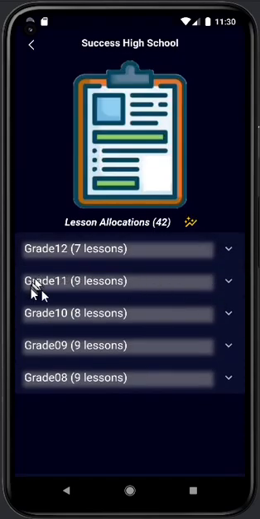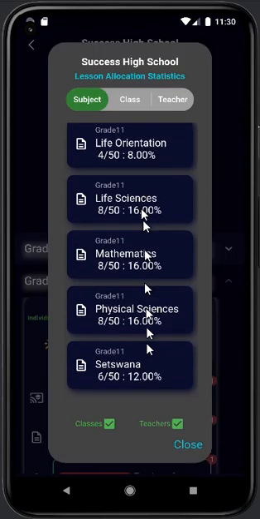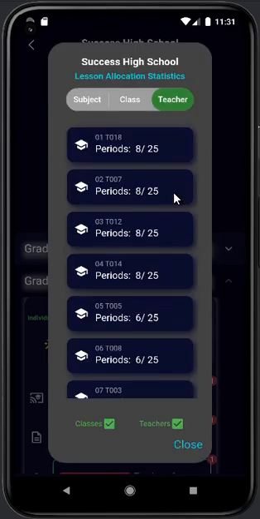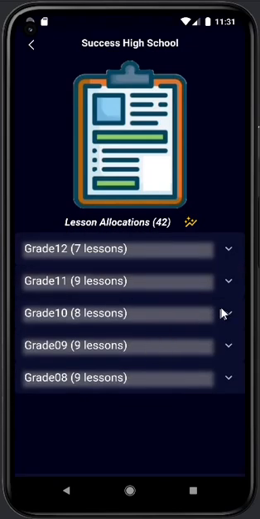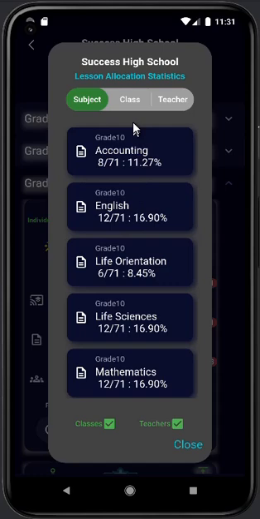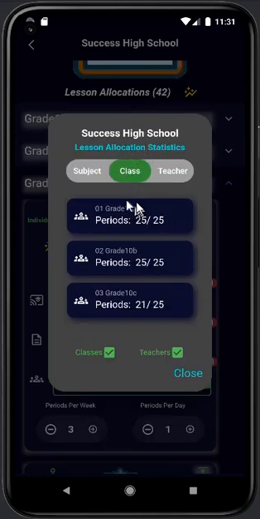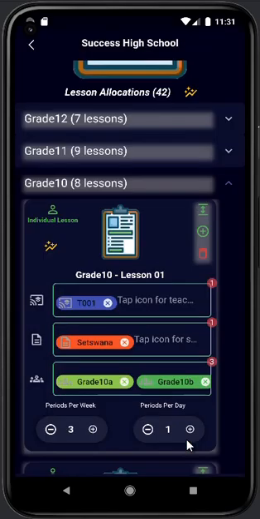On any grade 11 lesson widget, it will provide statistics about grade 11 subjects, grade 11 teachers, and grade 11 classes. On any grade 10 lesson widget, it will provide statistics about grade 10 subjects, grade 10 teachers, and grade 10 student classes. And so forth for other grades.